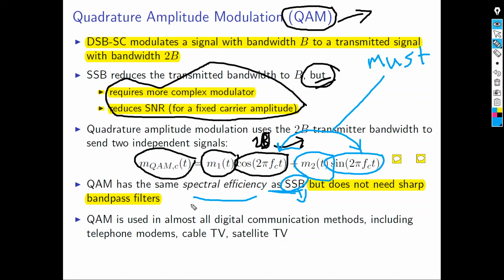And what does this mean? This means that we are doubling the spectral efficiency while not increasing the complexity of the system. And this is very important, crucial and vital in the design of communication systems.